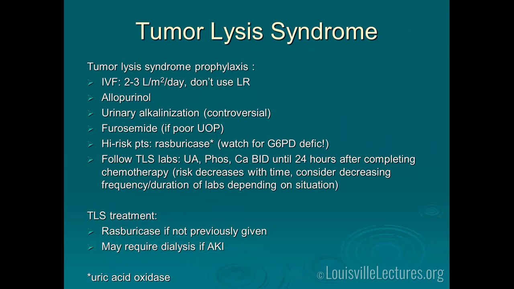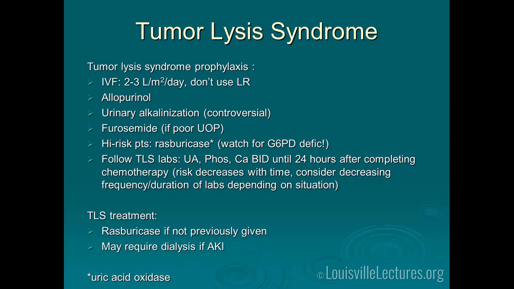So for prophylaxis, you want to give them adequate IV fluid. 125 cc's an hour is not adequate. You should think about their dosing based upon their surface area. So 2 to 3 liters per meter squared body area per day. So we're talking 250, 300 cc's an hour in some patients.